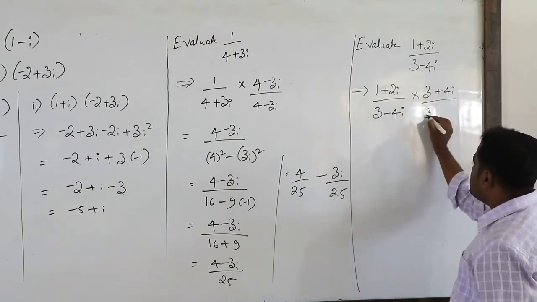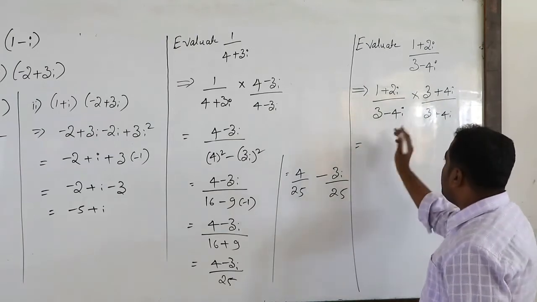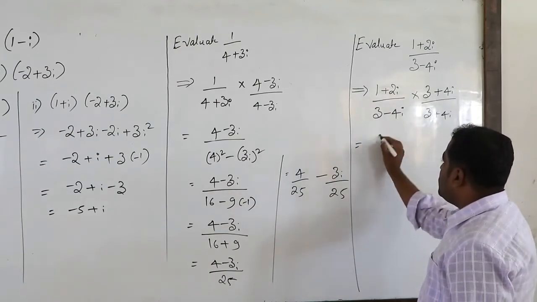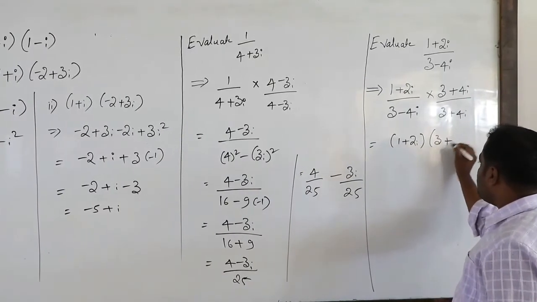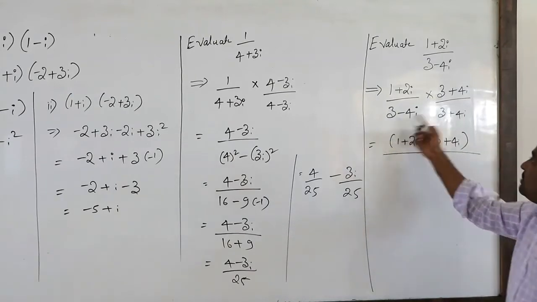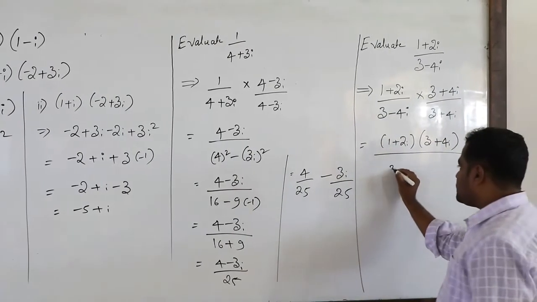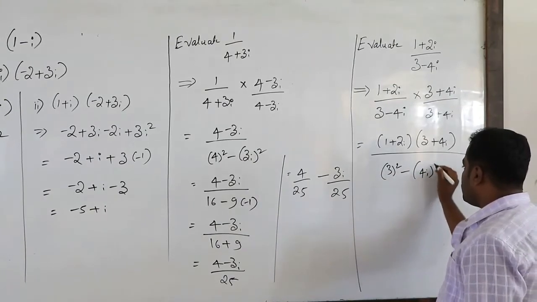Again same, 3 plus 4 into i. Next, multiplication. Here (1 plus 2i) into (3 plus 4i). In the denominator, (a minus b)(a plus b) is nothing but a square minus b square.